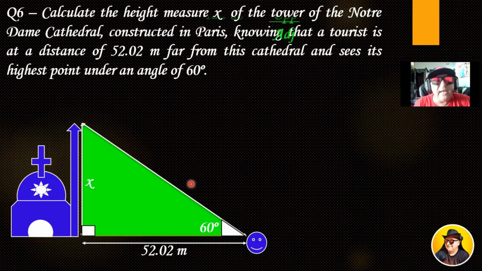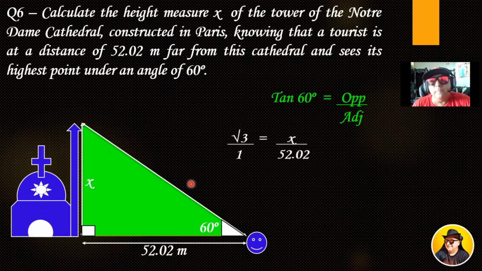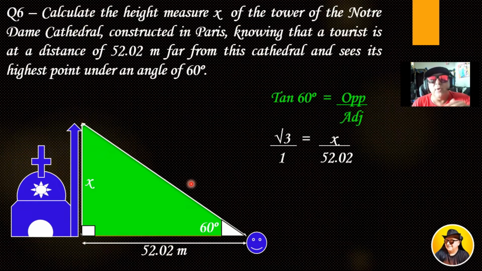So tangent of 60 degrees is the opposite side over the adjacent side. Let's replace the values. The tangent of 60 degrees is square root of 3. Opposite side is x, and the adjacent side is 52.02. The square root of 3 is about 1.73.